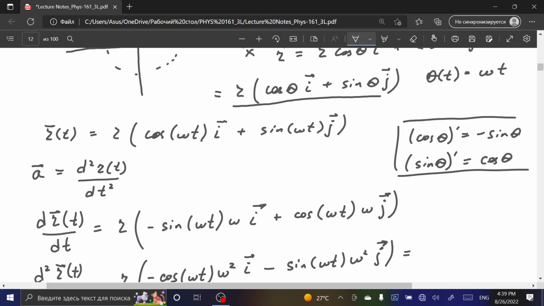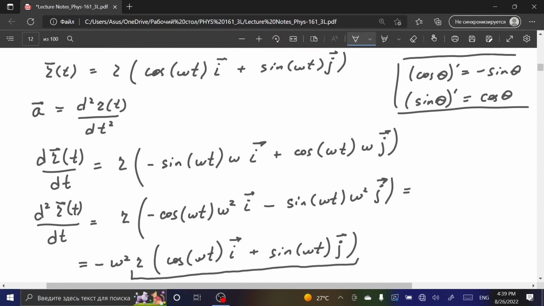If you look here, actually this is the same as this. So we can write here that it's equal to minus omega square times r, radius vector as a function of time.